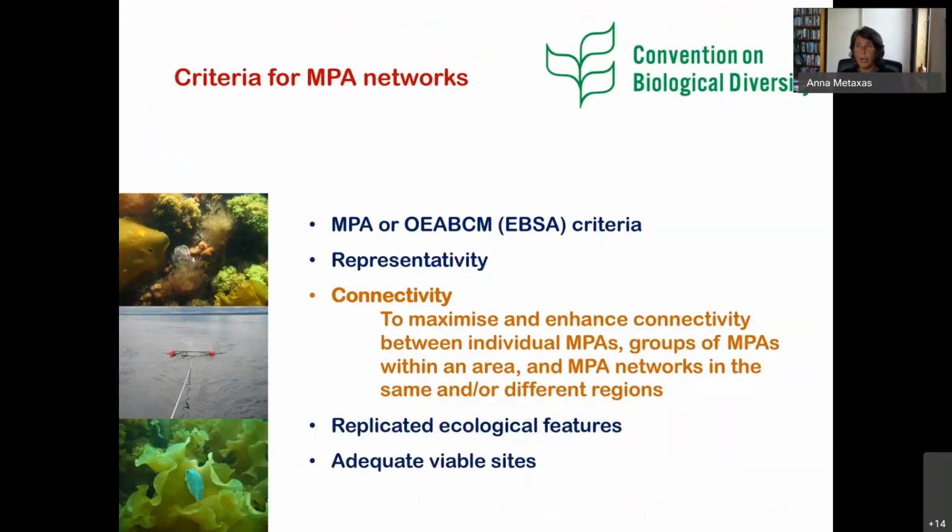What we're all talking about is networks of marine protected areas rather than individual marine protected areas. A network is supposed to be a collection of marine protected areas that work together better than just having a bunch of individual ones. And that is because they fulfill certain criteria.